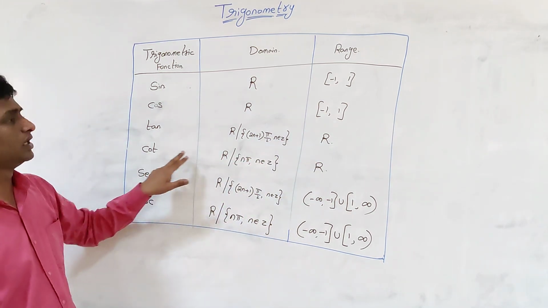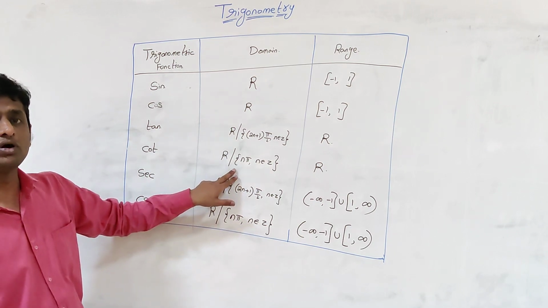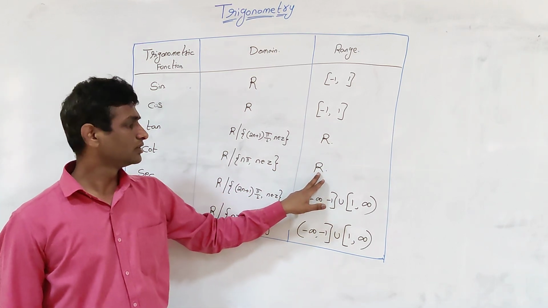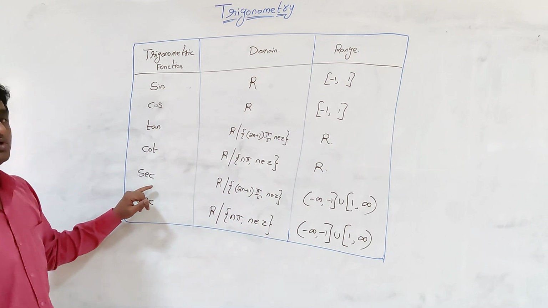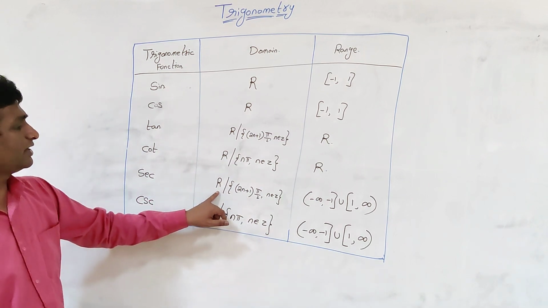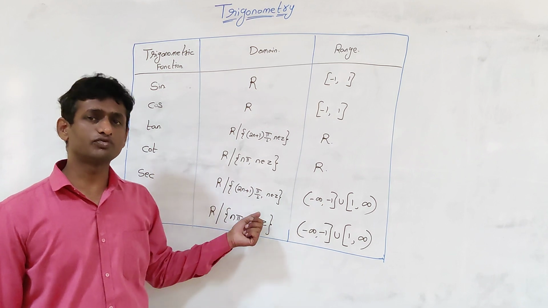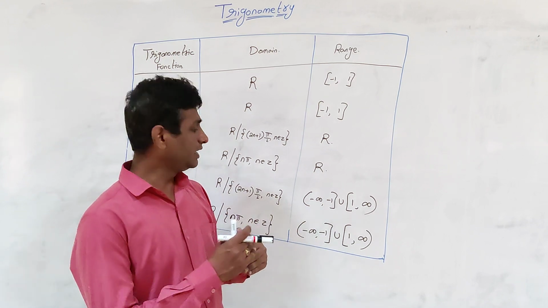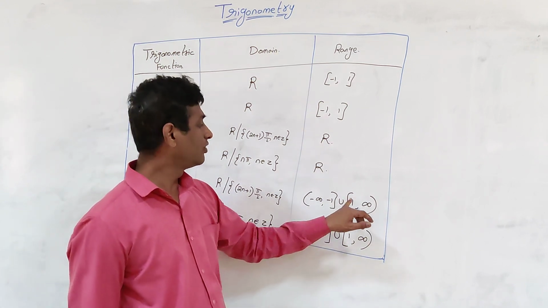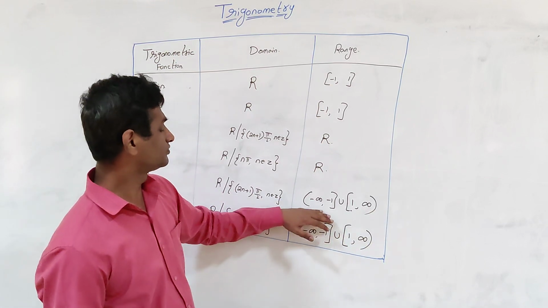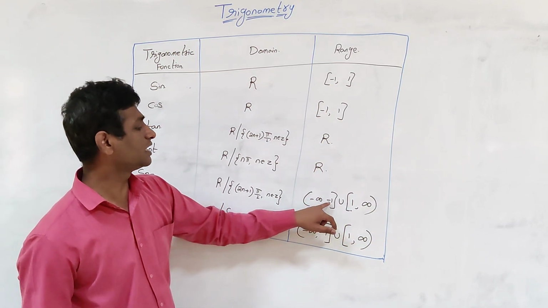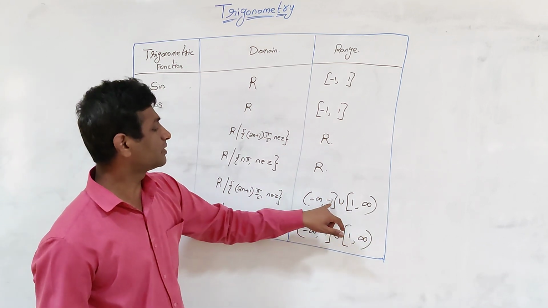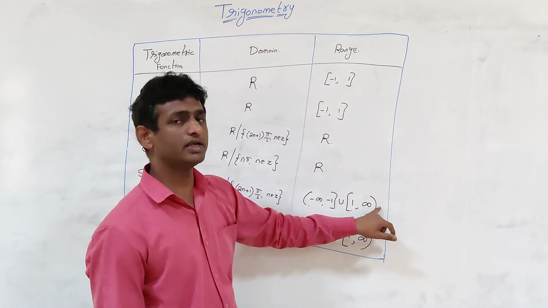For cot, it is defined for all real numbers except multiples of pi where n belongs to Z and the output is R, means the set of all outputs. Coming to the secant theta, it is defined for all real numbers except odd multiples of pi by 2 where n belongs to Z and the outputs will be either between minus infinity to minus 1 or 1 to infinity, that is minus infinity comma minus 1 closed, union 1 comma infinity closed on the left.